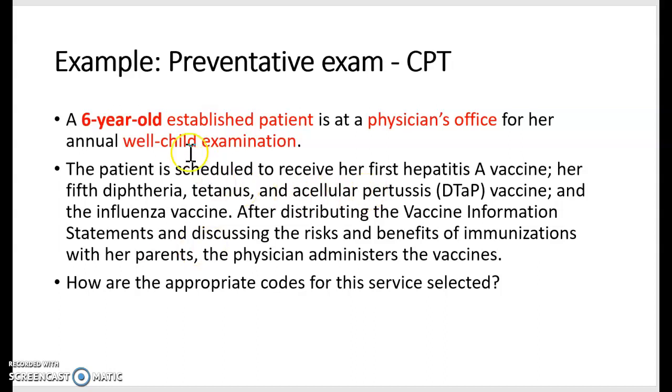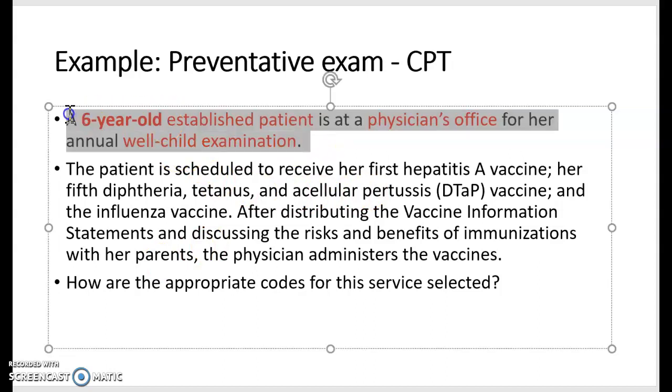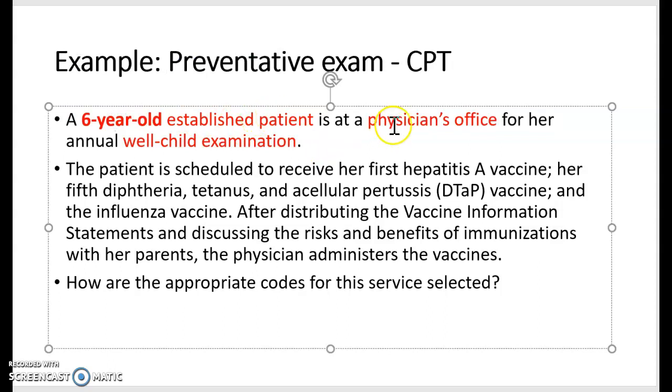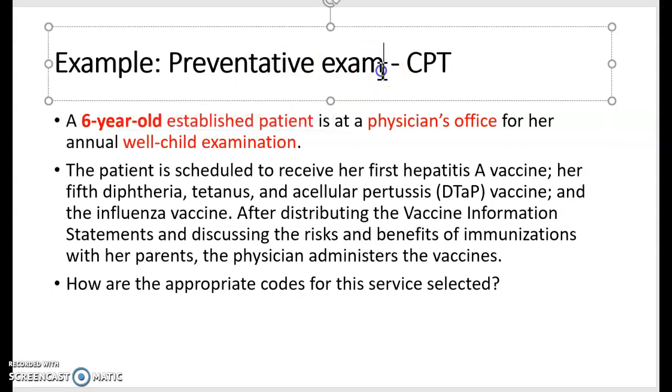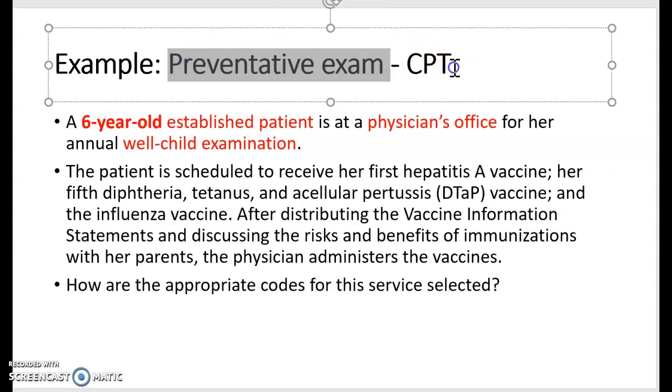So as you can see, I have highlighted the key terms for evaluation management: 6-year-old, established, physician's office, well child. Remember, the well child check or an annual check or a routine physical examination are all considered to be a preventative exam in the CPT manual. So this is your main term to be looked under evaluation and management.